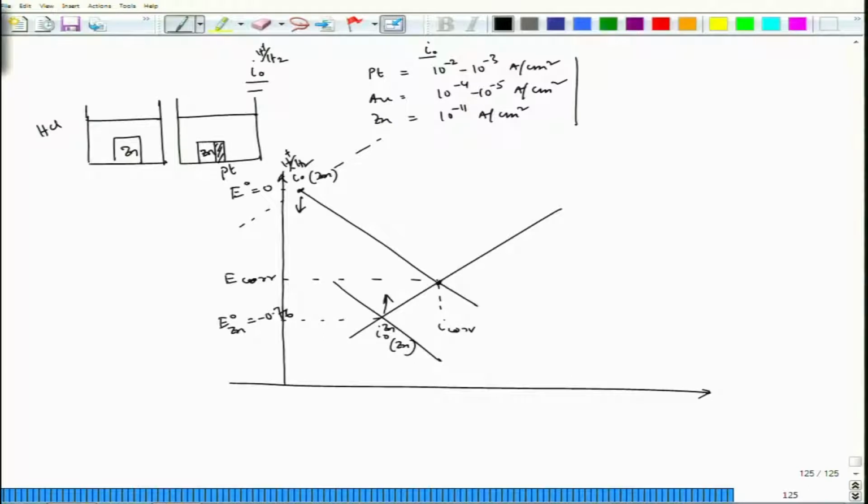Now, if we have another reaction, in this case this Evans diagram is indicating this situation. In this situation it will be a little complicated, but if I have understood this mixed potential theory, it can be analyzed very easily, but we will take it up in our next lecture, and let us stop here.